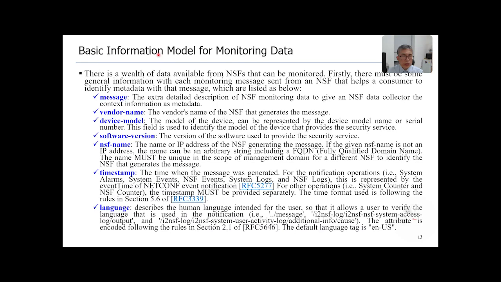So let's take a look at the basic information model for monitoring data. There is a lot of data from the NSF. Firstly, there must be some general information with each monitoring message sent from an NSF, helping a consumer to identify metadata with the message, which are listed below.